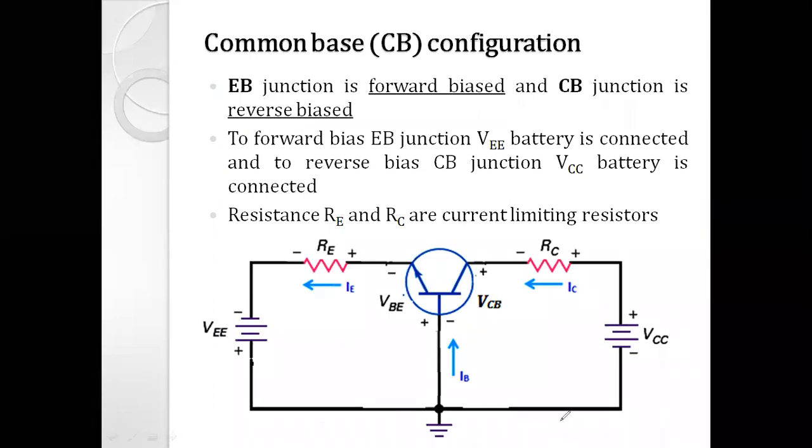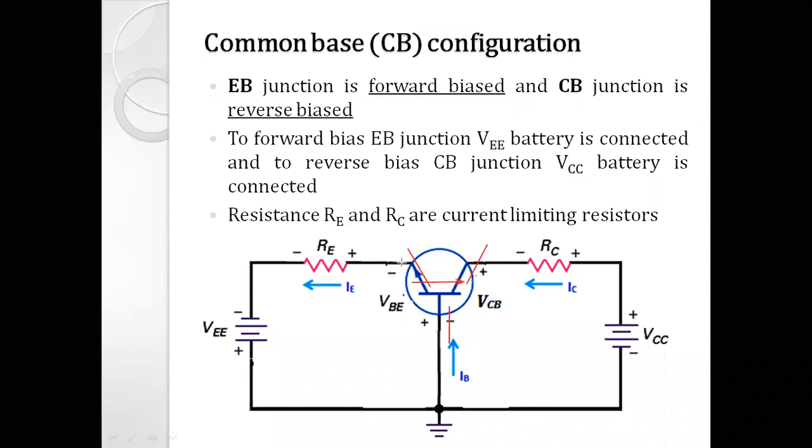Horizontally aligned means that the emitter terminal is this one, the collector terminal, which should work as an output terminal, is this way, and the base terminal, which should behave as an input as well as the output, is in this way. So the alignment of the transistor is horizontal rather than vertical. Horizontal means it is placed in this direction.